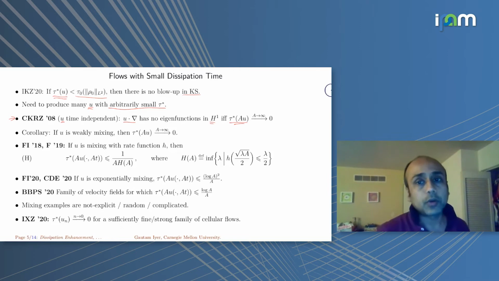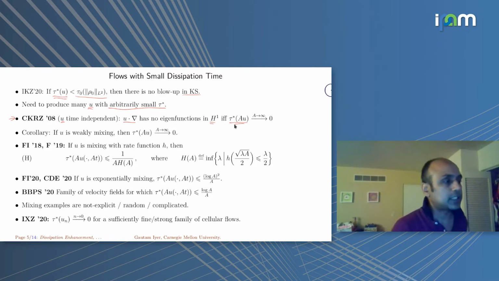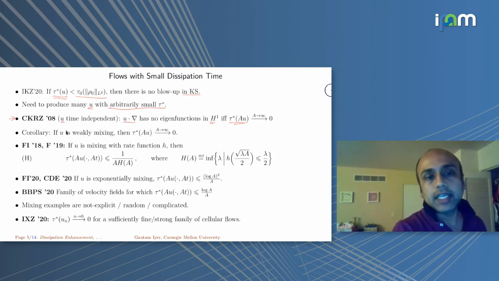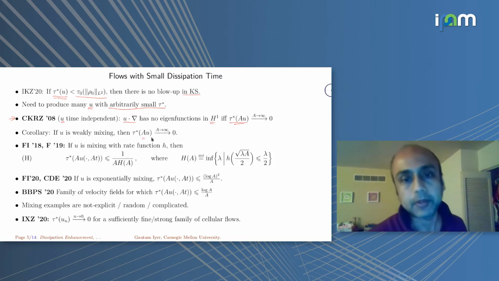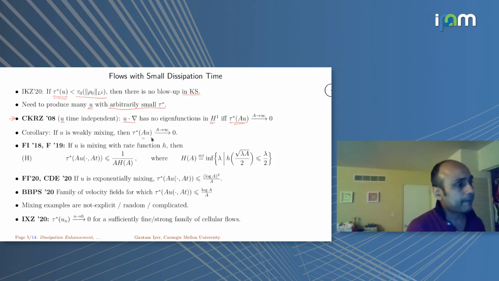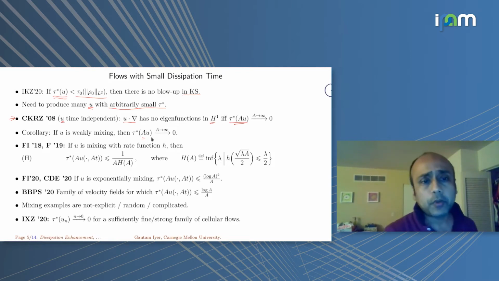So as soon as you can produce flows that satisfy this criterion, you can find lots of velocity fields with arbitrarily small dissipation time. As a consequence, if u is weakly mixing, then the dissipation time of u scaled by some large amplitude converges to 0 as the amplitude goes to infinity. Of course, there's no rate.